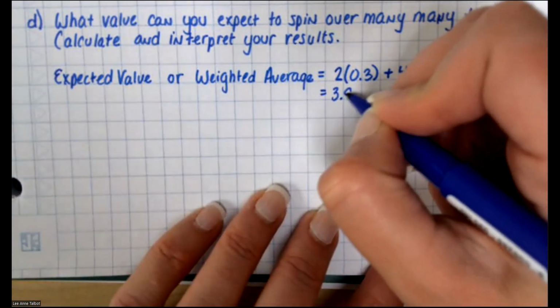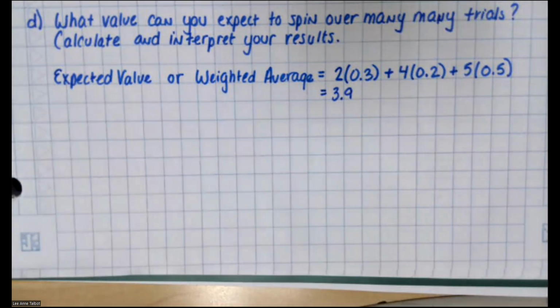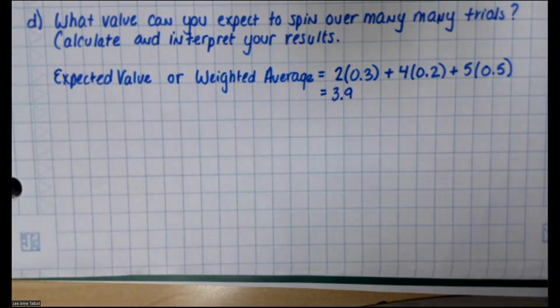Yes, exactly. So this actually comes out to be 3.9, which is awkward. You feel really weird about it because if you were to go up and spin a lot of times, so let's pretend that you've had a lot of sugar and you're at a fair and all you want to do is spin the spinner. You spin the spinner over and over and over again.